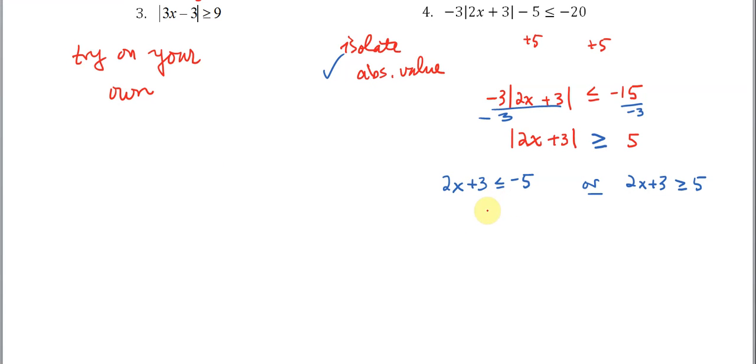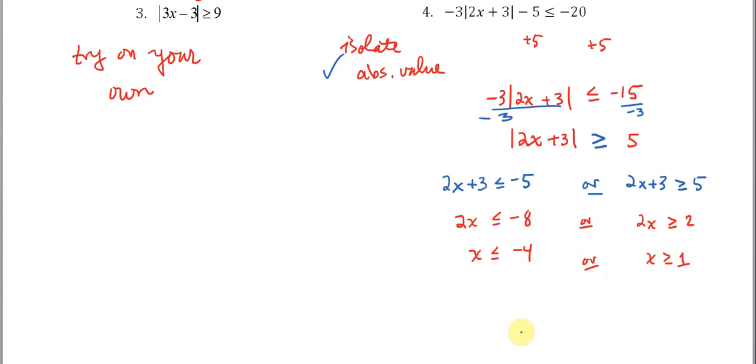So subtract 3 from both sides, and we get that 2x is less than or equal to negative 8. 2x is greater than or equal to 2. Divide by 2, and we get that x is greater than or equal to 1. And then divide by 2 here, x is less than or equal to negative 4. And this OR statement needs to follow along.